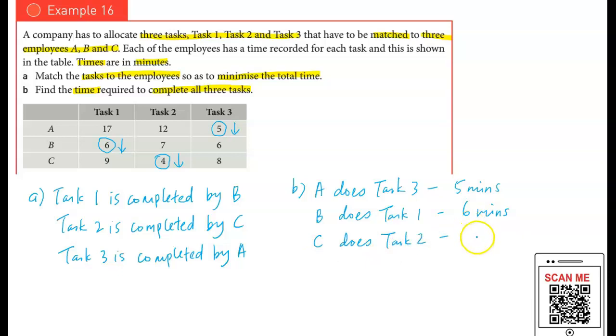What is the time here? For task 2 it is 4 minutes. So what is the complete time? The total time to complete all the tasks, you have altogether 15 minutes.